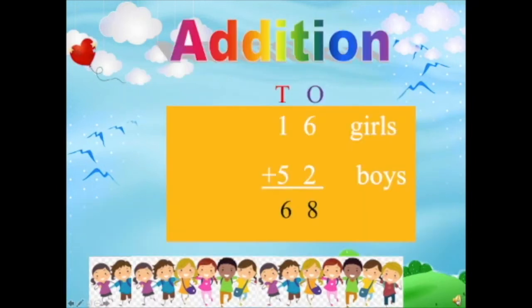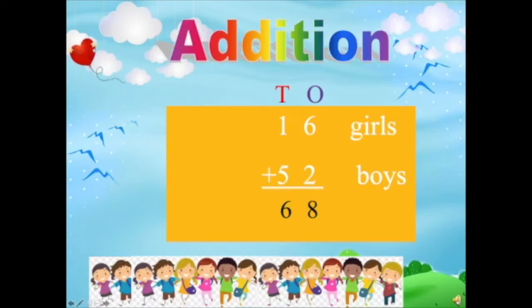It is important that we remember our place value when we add. The digits 6 and 2 are in the 1 place, and the digits 1 and 5 are in the 10th place. So let's add.